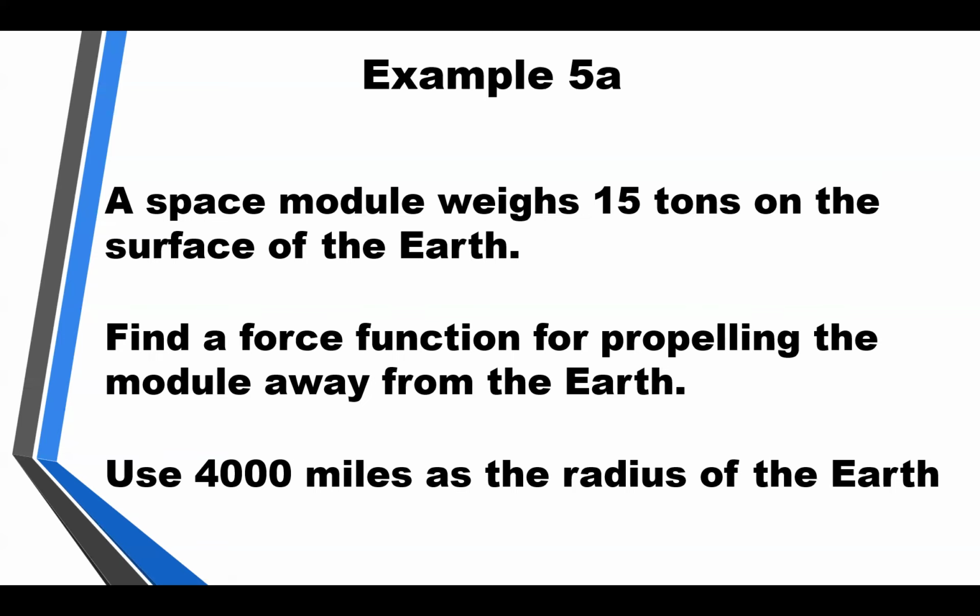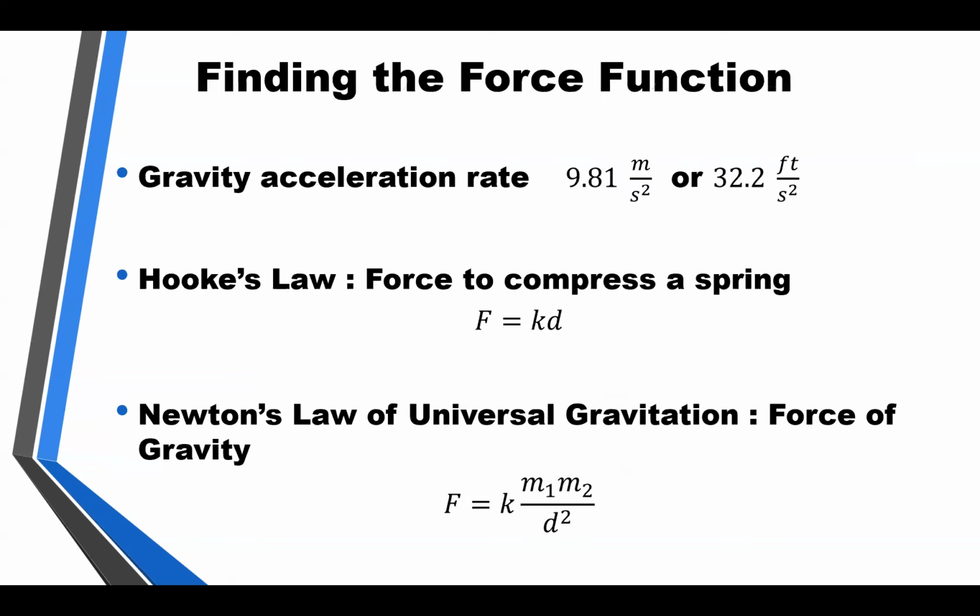Now, in this scenario, we're going to be using the force function of Newton's law of universal gravitation. The two objects that we're talking about here are the space module as one object and the Earth as the other. The space module and the Earth have fixed masses, and this constant will be fixed.